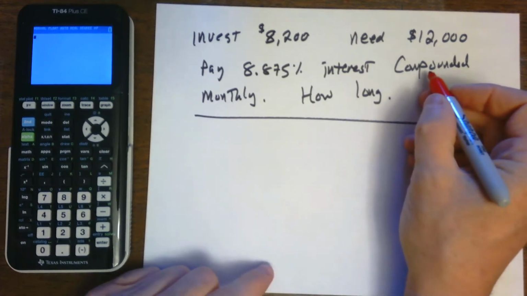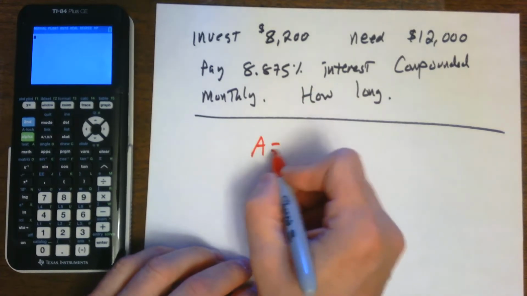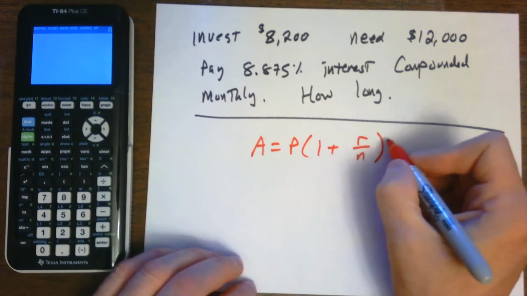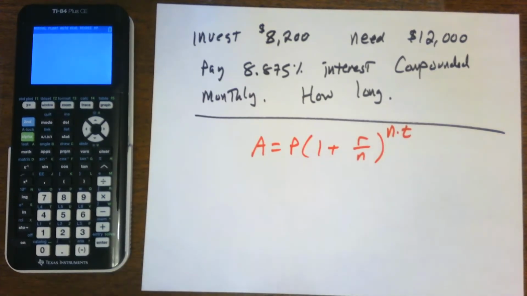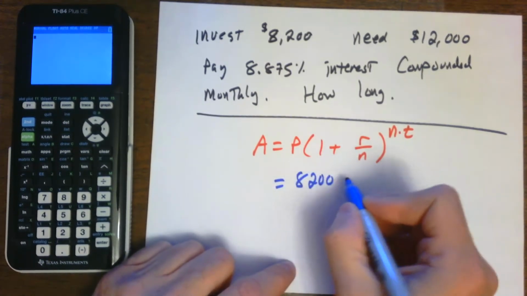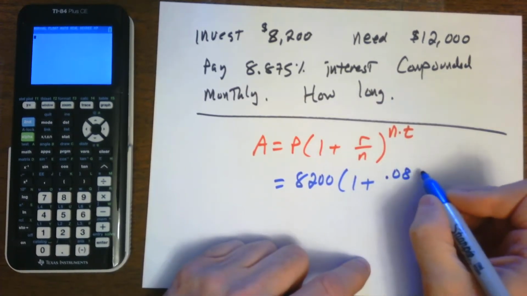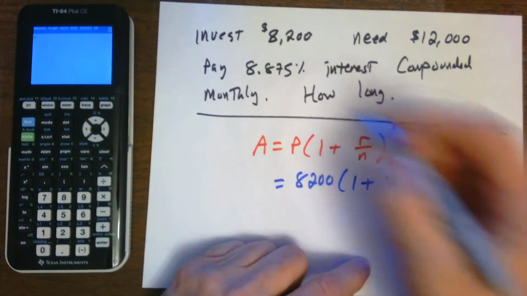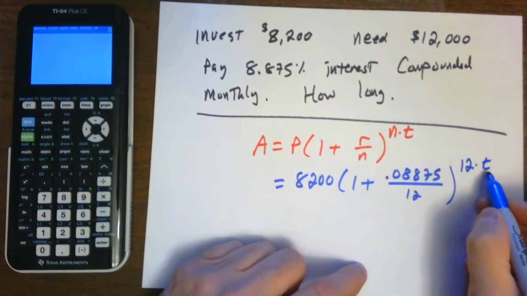Well, this is a compounding formula, not compounding continuously. So if I write the formula down, the amount is going to be the principal times 1 plus the rate over the number of compoundings, to the power of the number of compoundings times time. Now, as I substitute in, I know the principal, $8,200. 1 plus, I know the rate, 0.08875, over, I know the number of compoundings, 12, to the power of 12 times, I don't know the time.